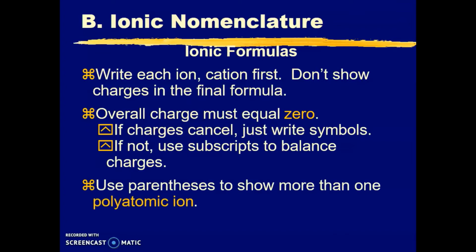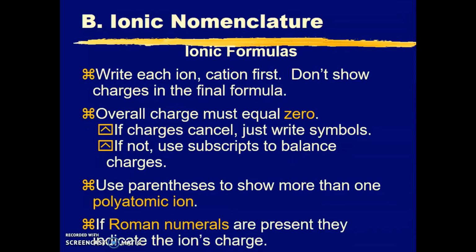And if we are using polyatomic ions and we have to have more than 1 polyatomic ion, we have to put it in parentheses and put the subscript on the outside of those parentheses. I'm going to show you an example. You should have printed out your polyatomic ion chart, I hope, and keep it in the same place that you keep your printed periodic table, because you're going to be using it quite a bit from now on.